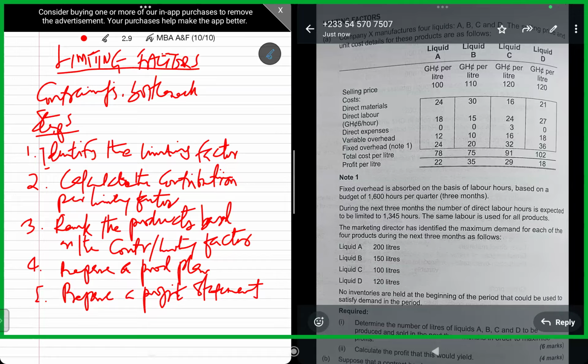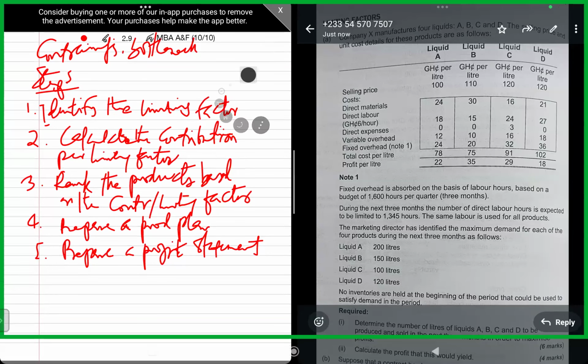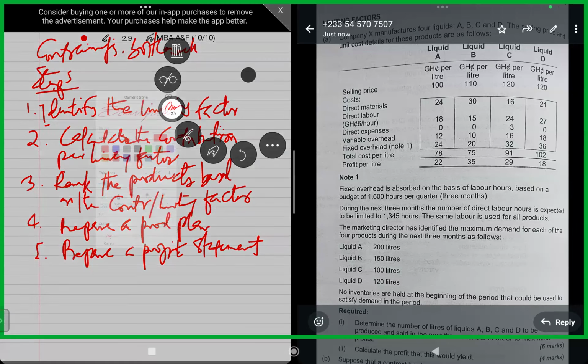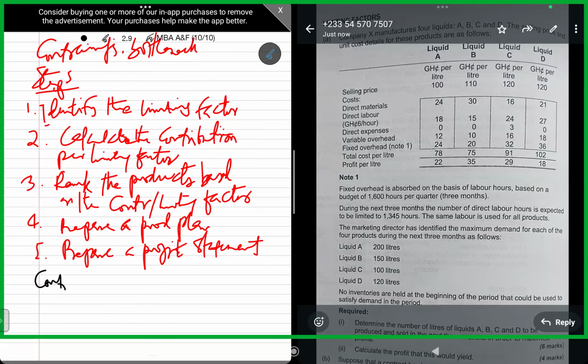Then two, you find the contribution per limiting factor. How do we find contribution? Contribution in marginal costing simply means the selling price minus the variable cost or marginal cost.